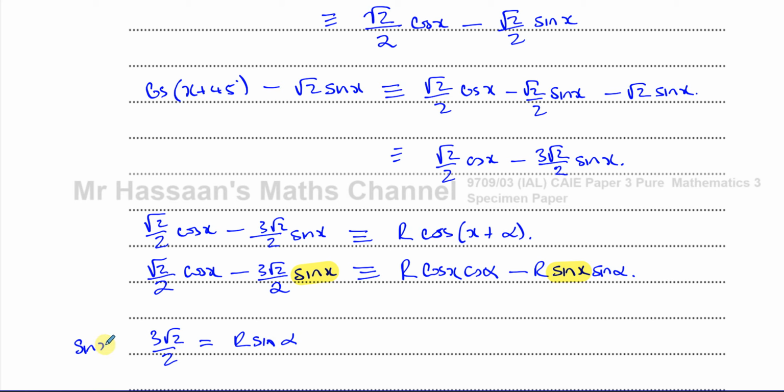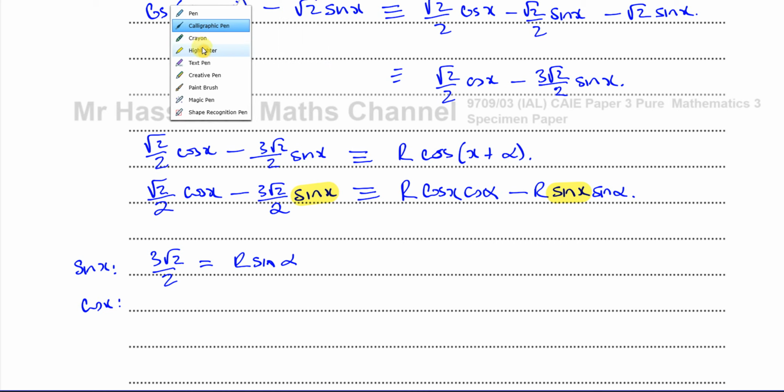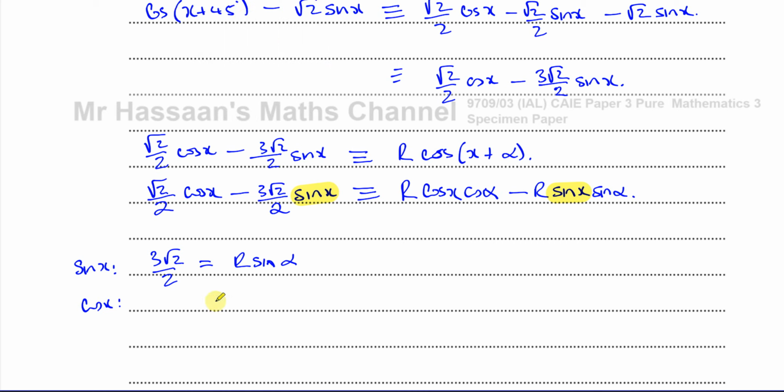We can do the same thing by comparing the coefficient of cosine x. The coefficient of cosine x here and the coefficient of cosine x there: on this side you have root 2 over 2, and that's equal to r cosine alpha.